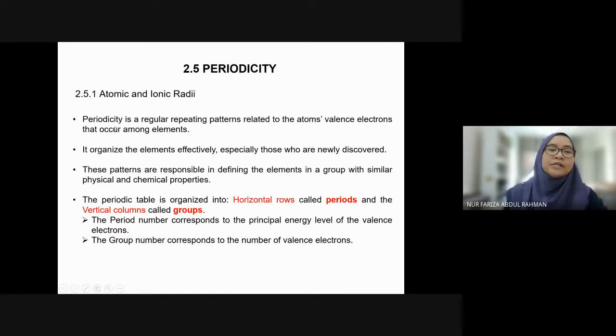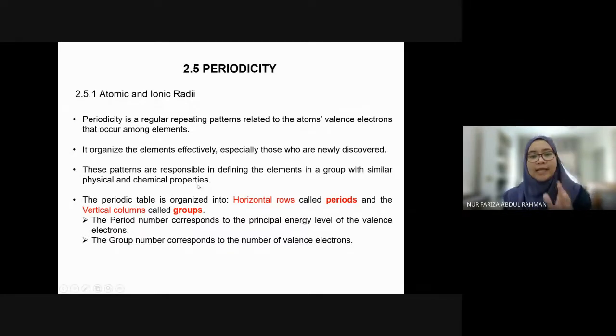Periodicity is a regular repeating pattern related to the atom's valence electrons that occurs among elements, and it organizes the elements effectively, especially those newly discovered. These patterns are responsible for defining the elements in a group with similar physical and chemical properties.